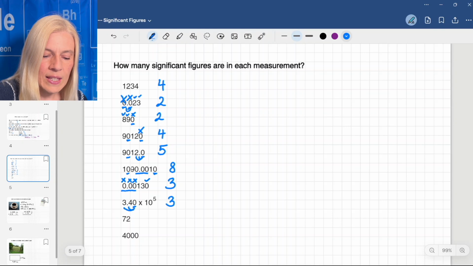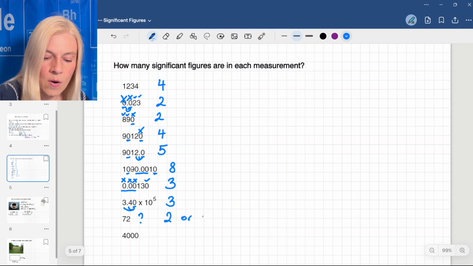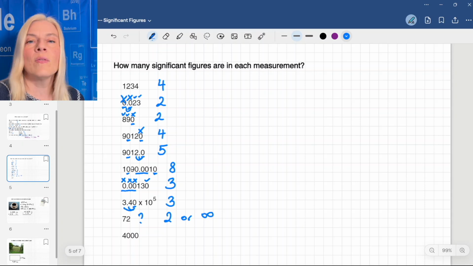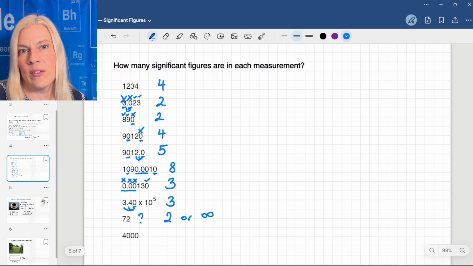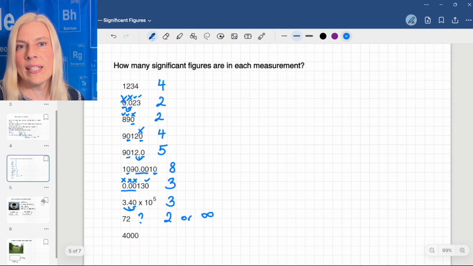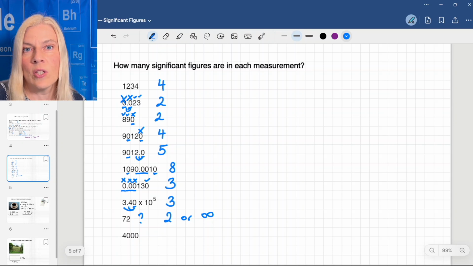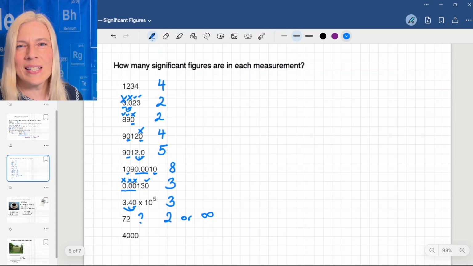Okay, right here, 72, the question is, you don't know. It could be 2 or infinite. You could count exactly 72 people at a party. If you counted 72 people, there is 72.0, 72.00 people, so that's an exact number. Or you can estimate. You can say this is about 72 milliliters, it could be 71, 73.